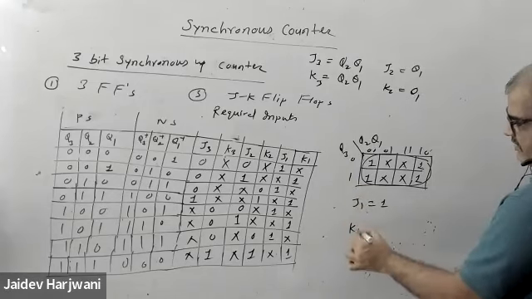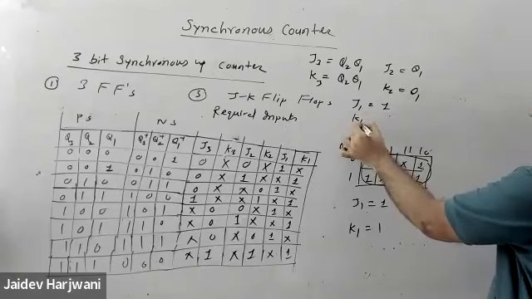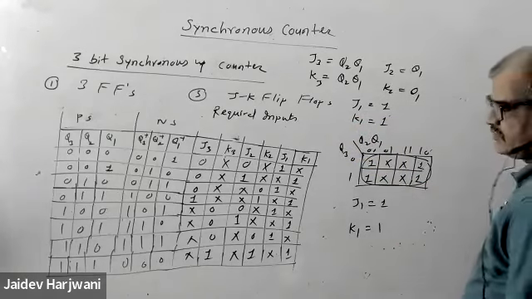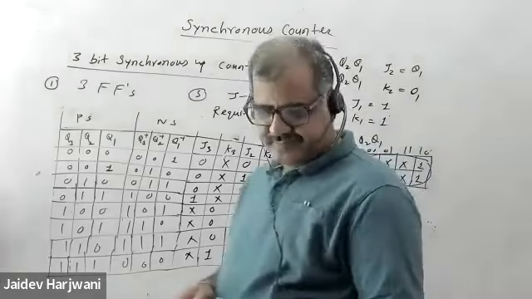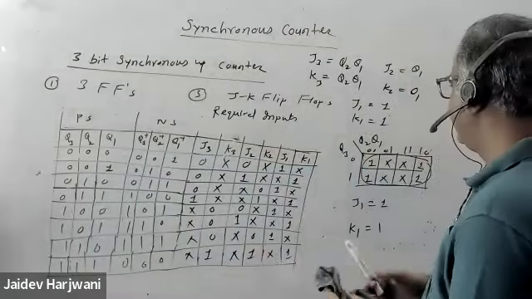Similarly, if you solve for K1, K1 will also come out as 1. So your J1 is 1 and K1 is also 1. Now you have got the inputs, and designing is very simple. You can design now.